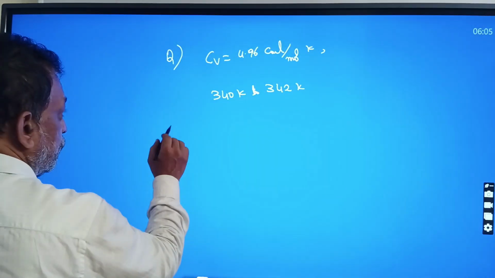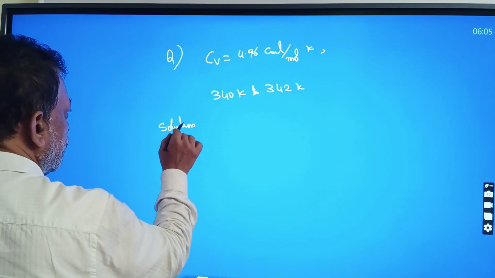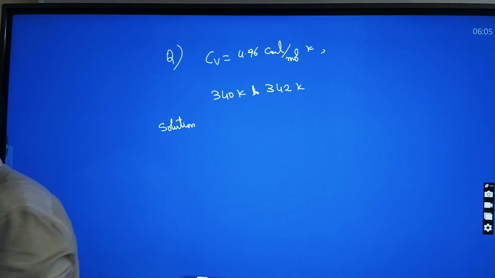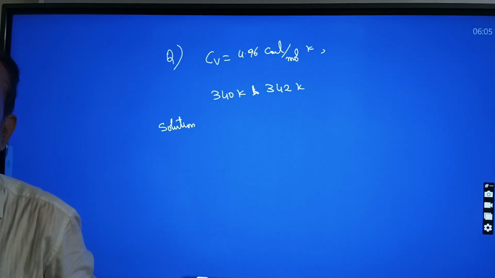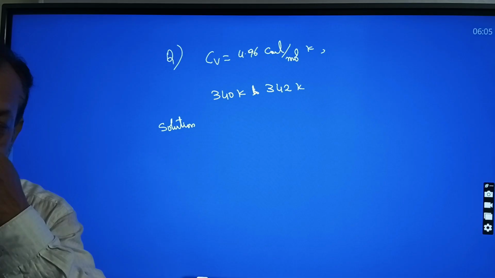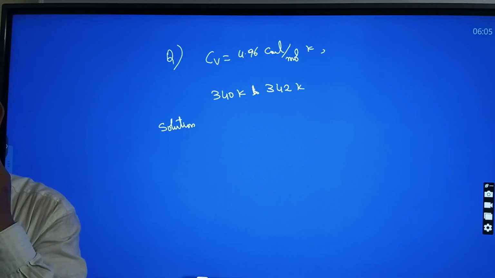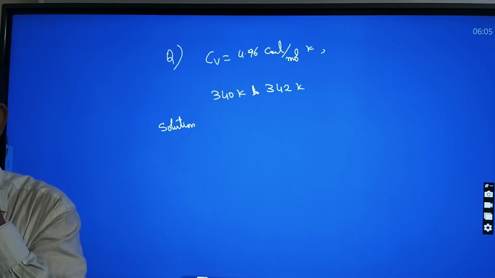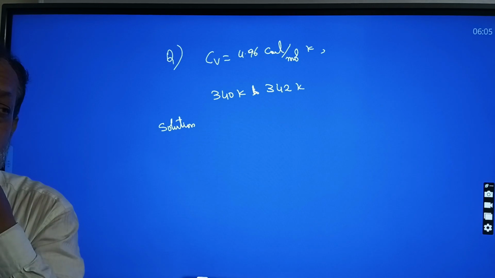Okay, right. So what is it asking? Here's the problem. If CV, what is CV? Specific heat of a gas at constant volume. CV is at constant volume, CP at constant pressure.